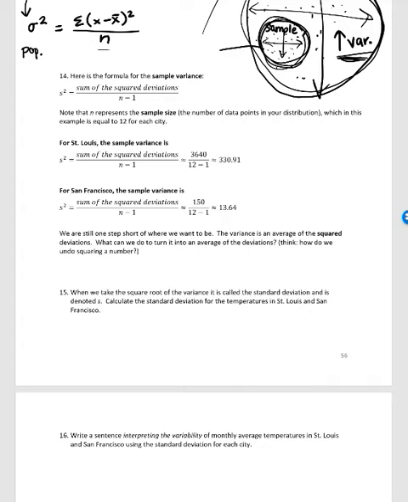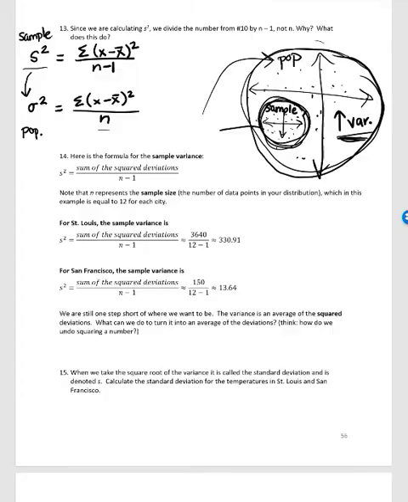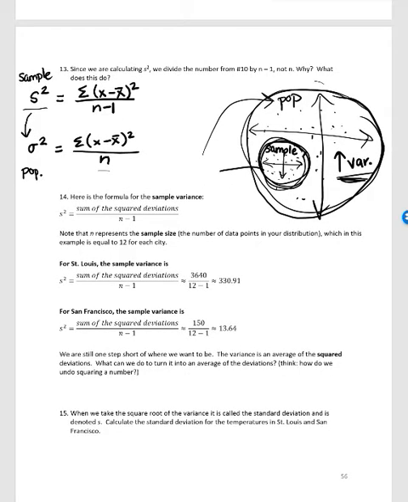So we were talking about sample variance and population variance. In this case, since we're working with a sample, we're using this one. So here again is the formula for the sample variance.